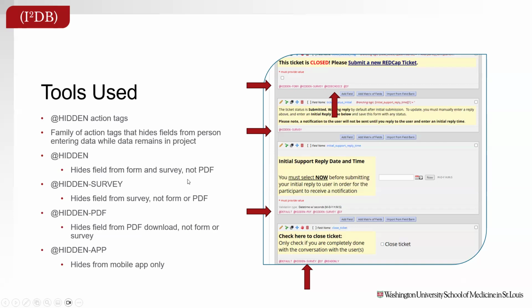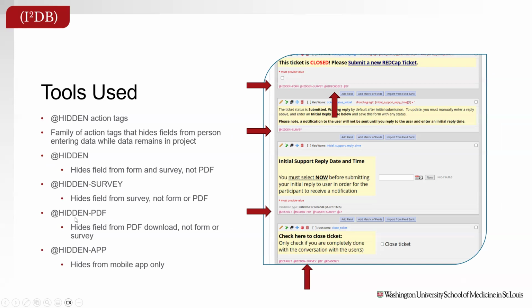So if you download a PDF of the data, or if you're using eConsent, the @HIDDEN will not hide the field from a PDF. So if you're outputting a PDF or sharing a PDF with the participant, make sure to use the @HIDDEN-PDF. So here you can see it. At times I have both hidden PDF and hidden survey, so I'm trying to hide it from a survey and from a PDF.